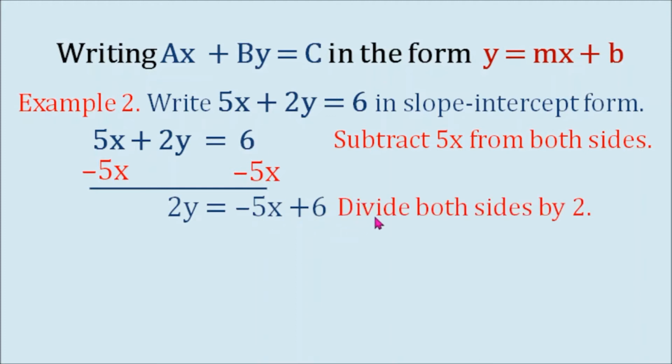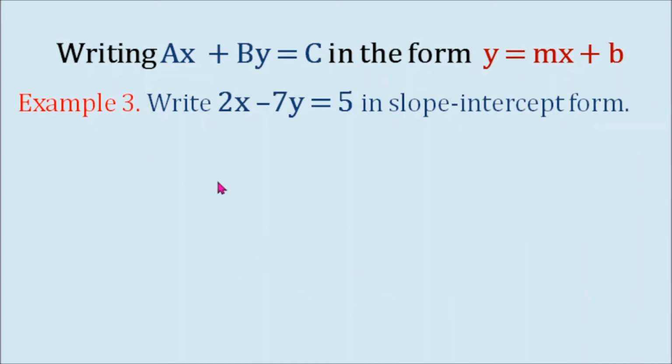The next step, divide both sides by 2. 2y divided by 2 is y, then negative 5x divided by 2 is negative 5/2 x, and 6 divided by 2 is 3. So our answer here is y = -5/2 x + 3.